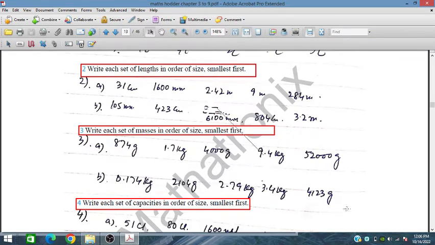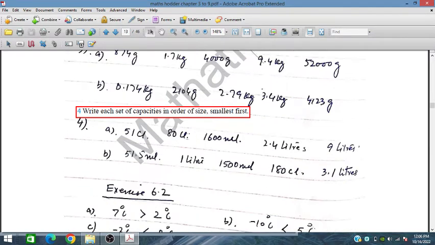Similarly for this: centiliters, centiliters, and then liters, liters, and milliliters. A milliliter is a 1,000th part, and a centiliter is a 100th part. So this is milliliter, centiliter, liter.